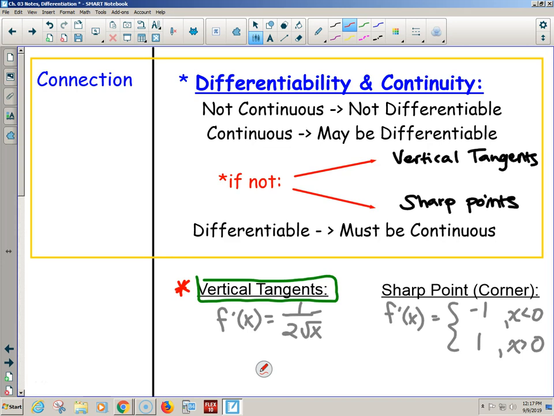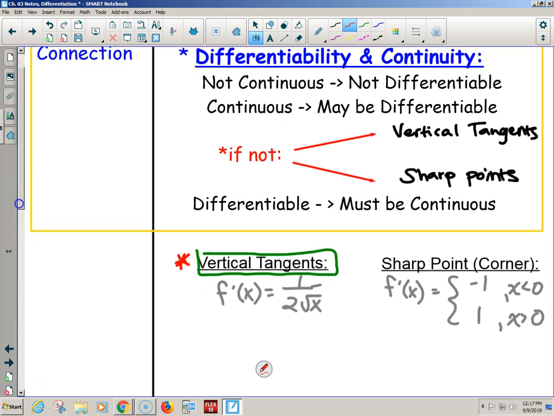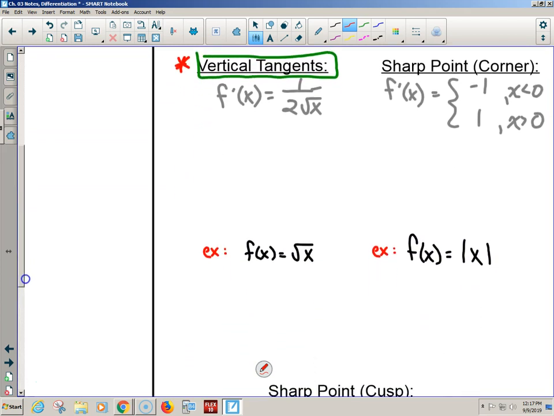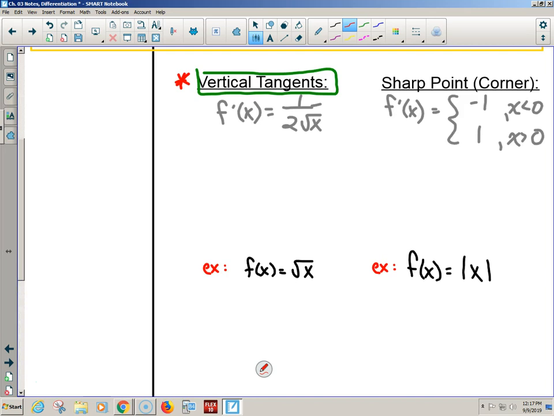We saw it last year. What I'm more worried about is whether you would identify not only that it's not differentiable, but how it's not differentiable. So vertical tangents versus sharp points, or I think our book calls them corner points.